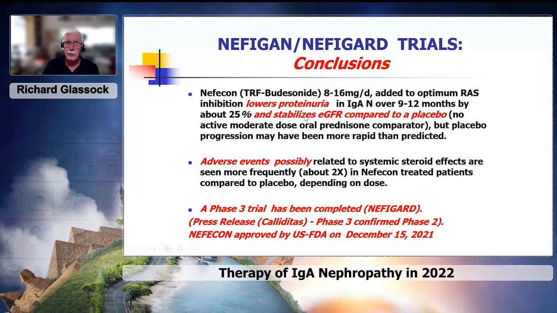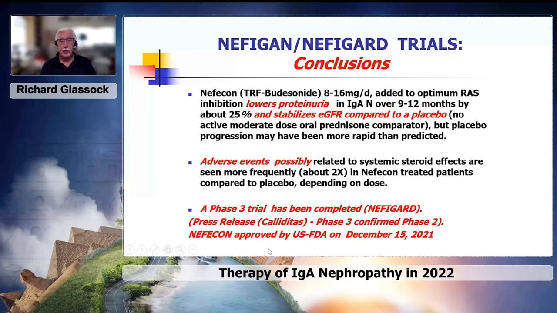But it does lower proteinuria and stabilize eGFR, and the adverse events are not overwhelmingly high, even though they are present. A phase 3 trial has been completed, and in a press release, the Calliditas company who sponsored the trial said the phase 3 confirmed phase 2.